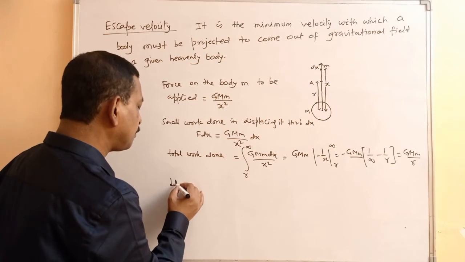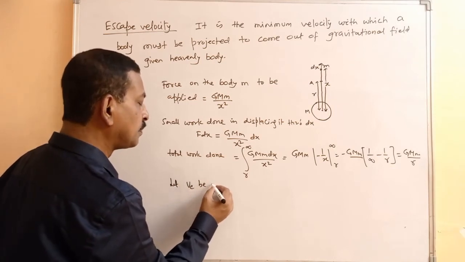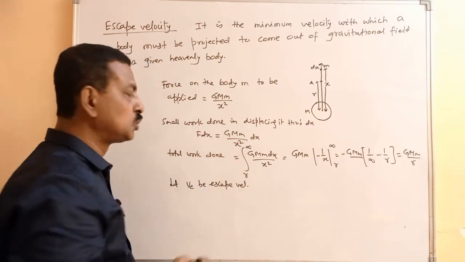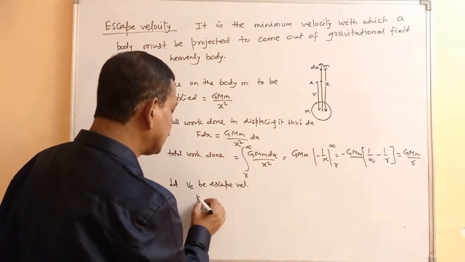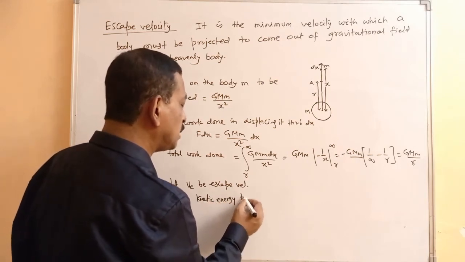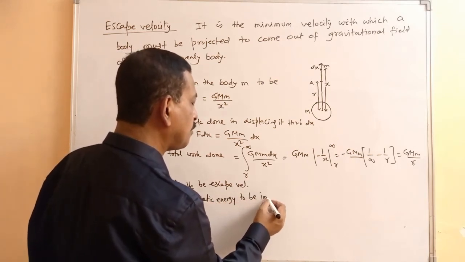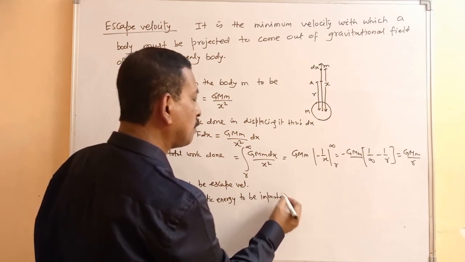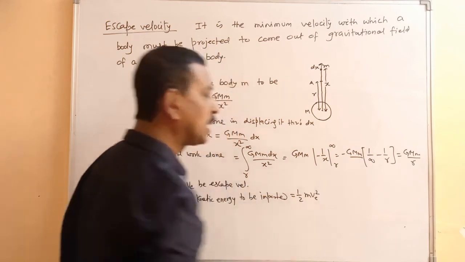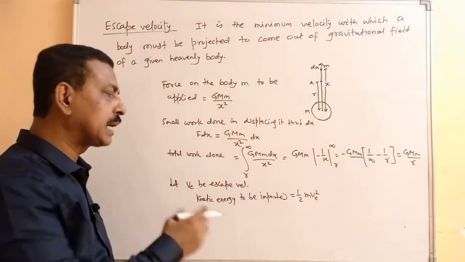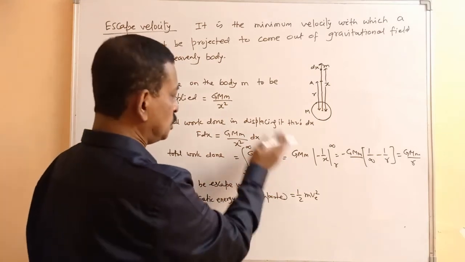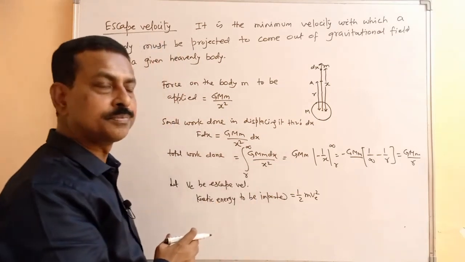Now let V_E be the escape velocity. So the kinetic energy to be imparted will be equal to how much? Half m V_E square. This is the kinetic energy which we want to impart so that it can do this much amount of work.